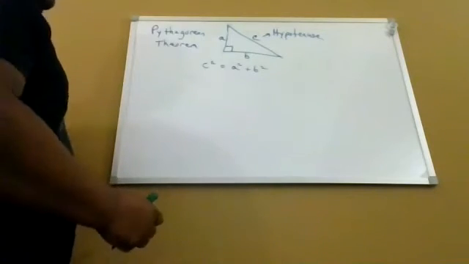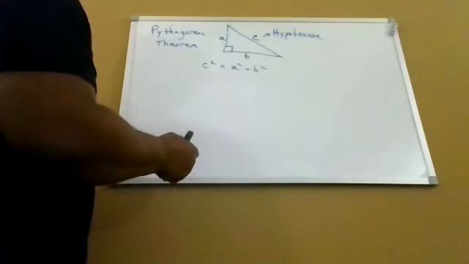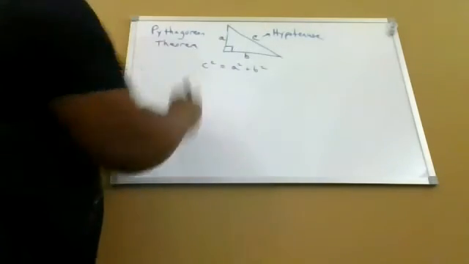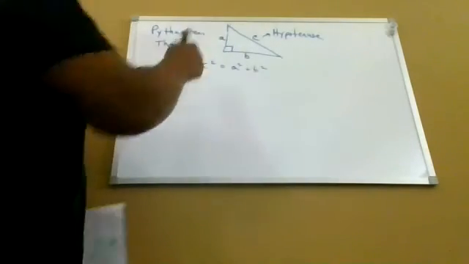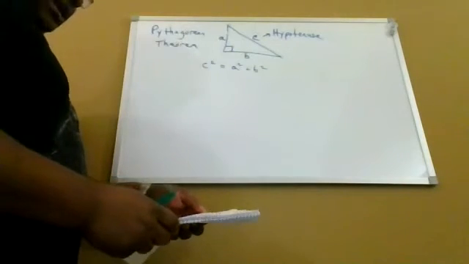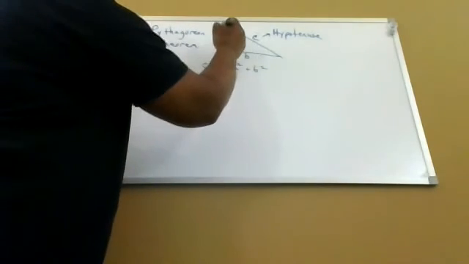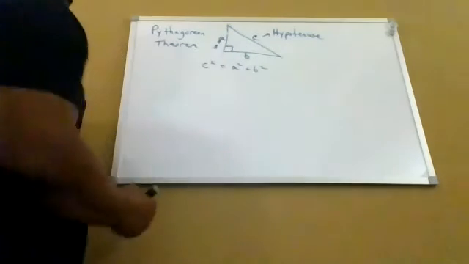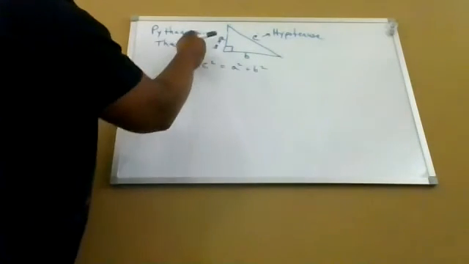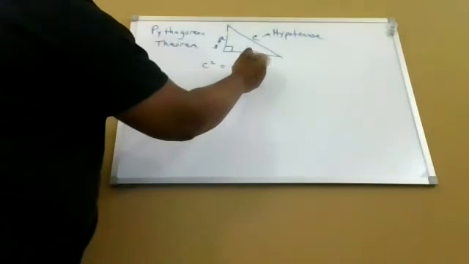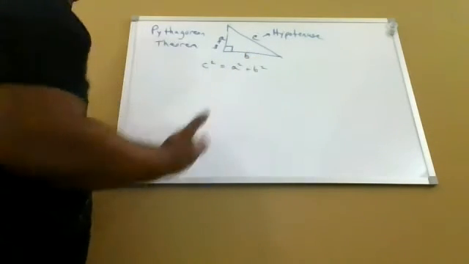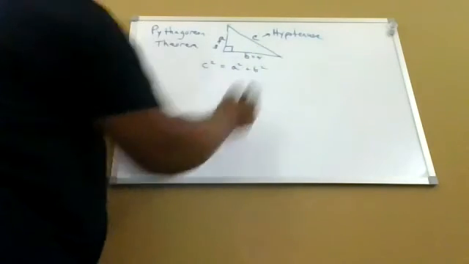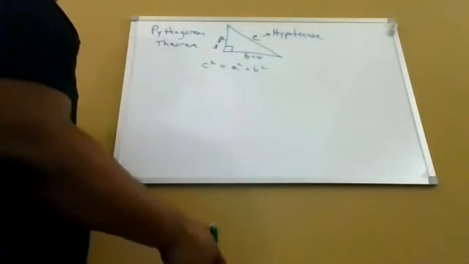Now, in the problems that you're going to face, you're going to be given 2 of the 3 values. So for example, if you're given that A is equal to 3, that's A equals 3. And then suppose you're given that B is equal to 4. Now we need to solve for C.